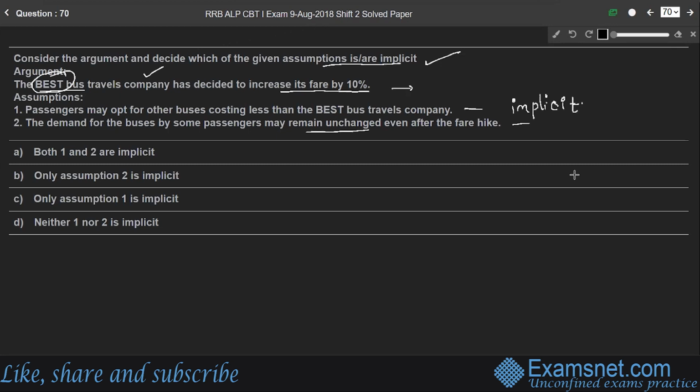When it comes to the second one, some people using buses for travel might continue even after the fare increases. This assumption by the best bus travels is implicit. Otherwise, such an action would lead to excessive financial loss. So assumption 2 is also implicit. Therefore, both 1 and 2 are implicit. Option A is the right answer.